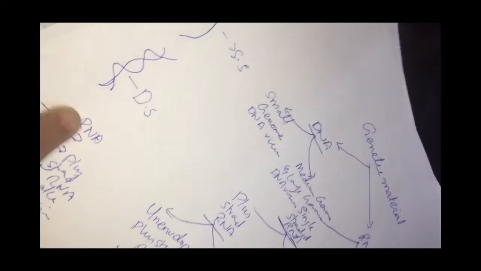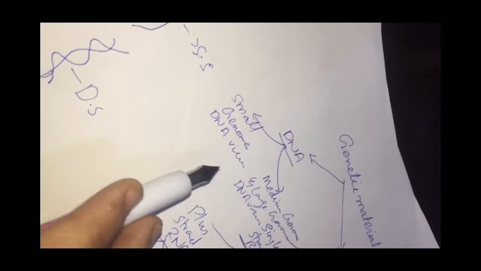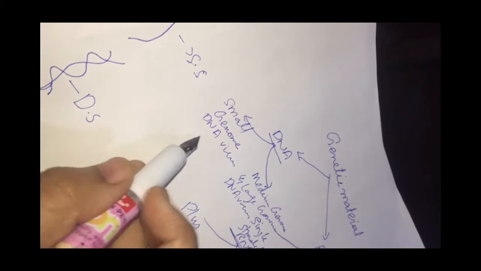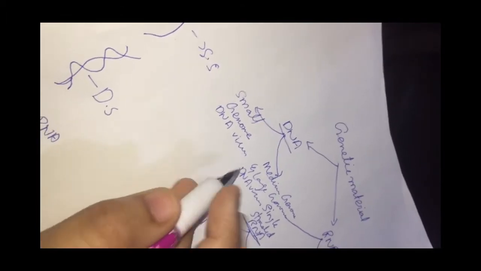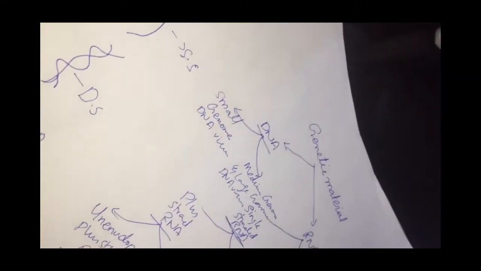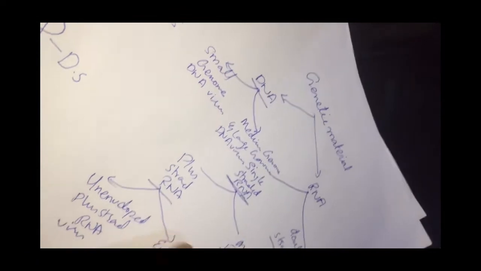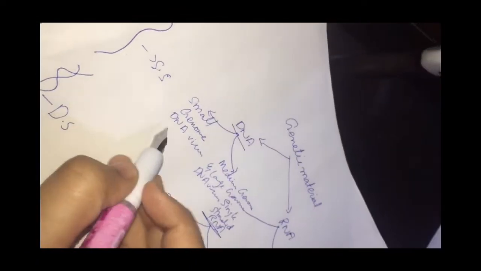As I told you, RNA can be either single-stranded or double-stranded, but DNA can only be double-stranded, and thus the classification of DNA viruses is done into 2 main categories. One is the one which has small genetic material and the other which has a little larger, or medium, genetic material. There is no case of single-strand DNA and double-stranded DNA.